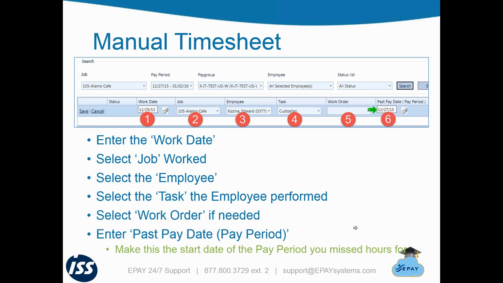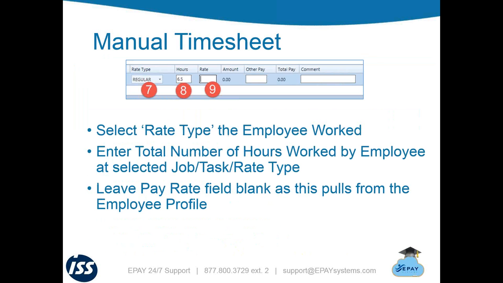Basically, as a good guide for everybody, if you go to this field, simply make this a start date of the pay period in which you missed the hours for. So in this case, the start of the pay period was 12/27. It's also noted here at the top of the screen, and that'll actually take you on through to the next step. So right off the bat, there's 6 fields there on a manual timesheet, and they must be entered to be successful on this particular screen.